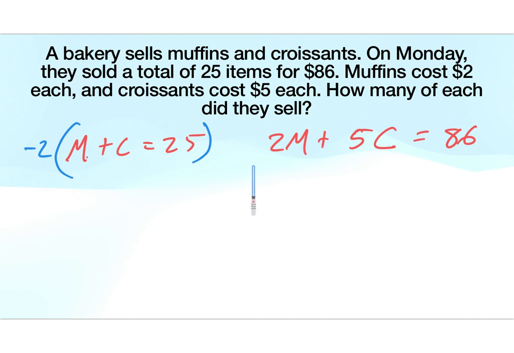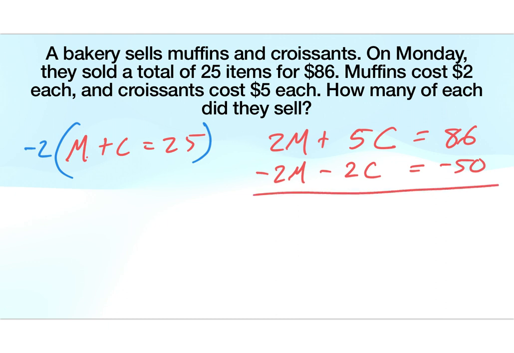I'll have -2m minus 2c equals -50. Everything got multiplied by -2. And now I can add these 2 equations together.